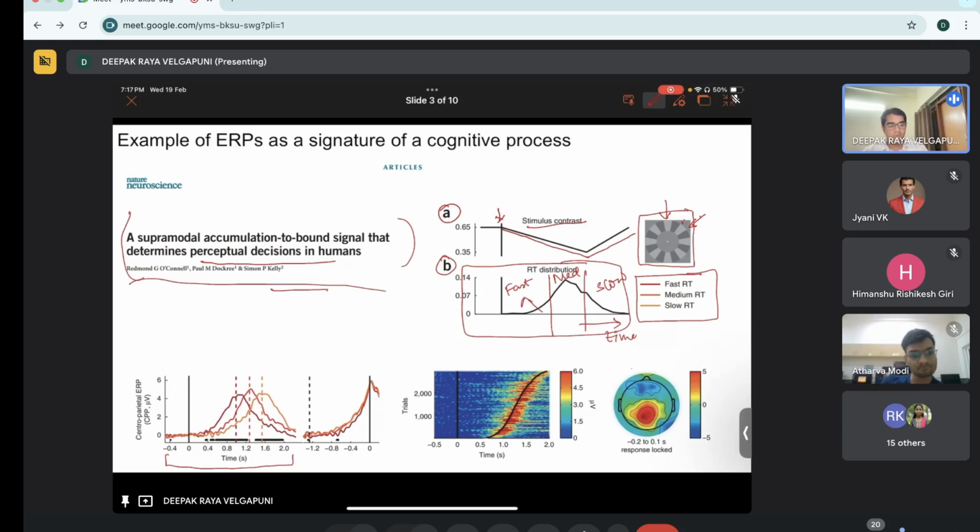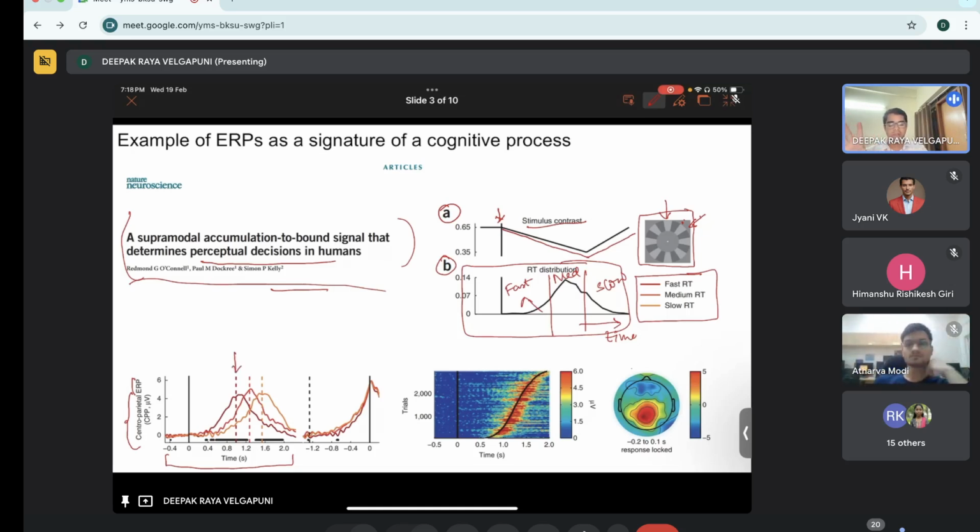Now what they do is, on these participants, they compute an ERP from centroparietal electrodes. Let's say they take some central three electrodes on the scalp and average them, and like what we do for ERPs, they plot ERPs across trials. You see that they split the trials into fast, medium, and slow trials, based on how fast participants responded.